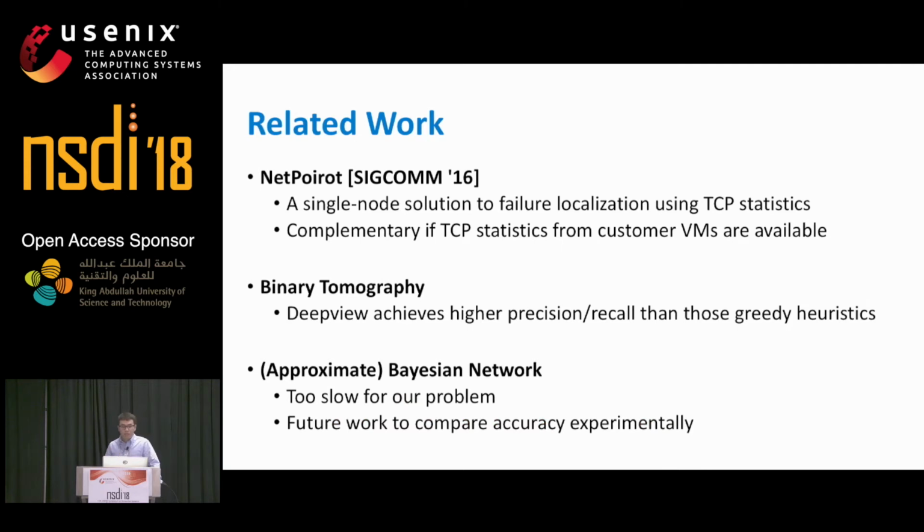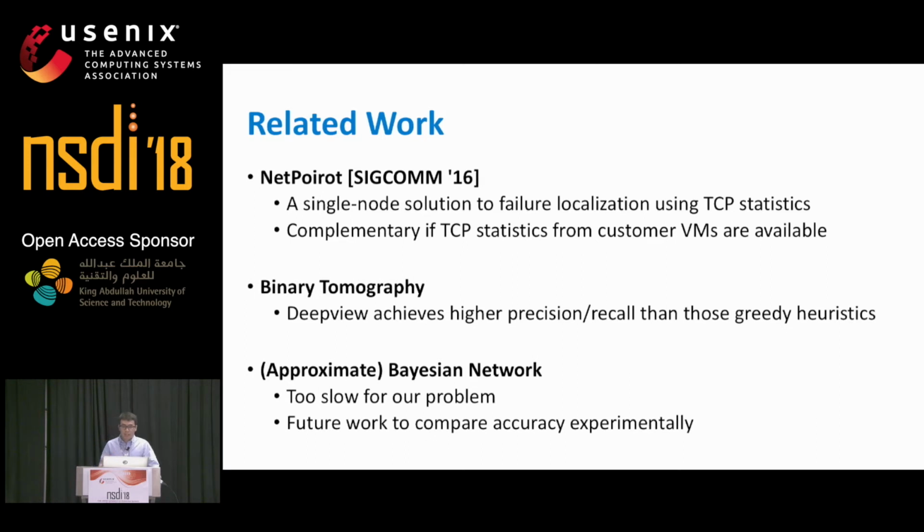So there are 3 main related works to Deepview. The first one is NetPoirot from SIGCOMM 2016. It proposes a single node solution for failure localization using TCP statistics. We believe that it's complementary with Deepview if we're able to obtain TCP statistics from customer VMs. The second related work is binary tomography.